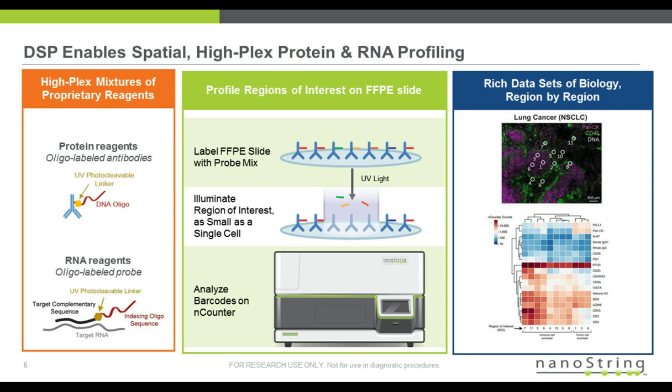What that does is release the photocleaved oligonucleotide tags from either the backs of the antibodies or from the mRNA probes that are in there. You can see that in the middle screen, the photocleaved oligos escaping from the tissue surface. And as they escape from the tissue surface, the microscope is designed to literally drink them with a microcapillary right off the tissue surface onto a microtiter plate that is on the automated microscope.